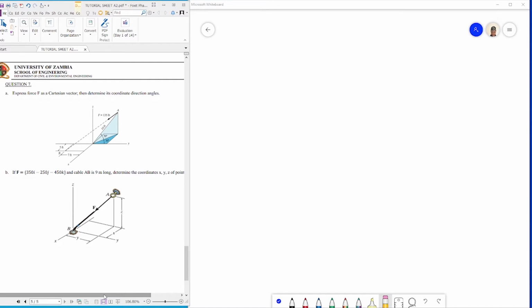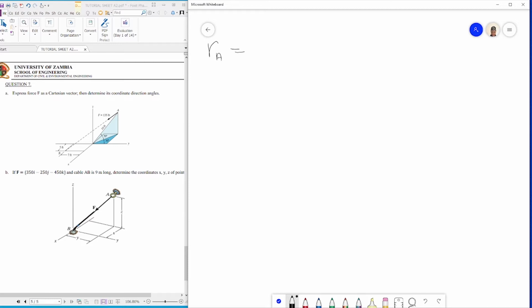Let's do it. Again we'll start with getting the coordinates for A and the coordinates for B. To get the coordinates for A, or the position vector RA, we've been given these angles.